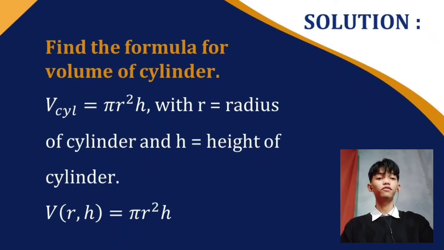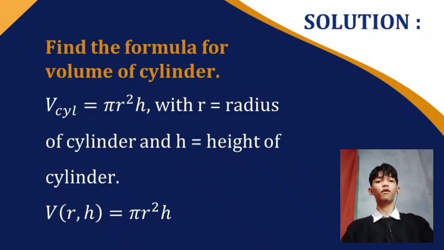After that, we have to see that formula as a function. The volume of a cylinder is pi times r squared times h, with r representing the radius of the cylinder and h the height of the cylinder.